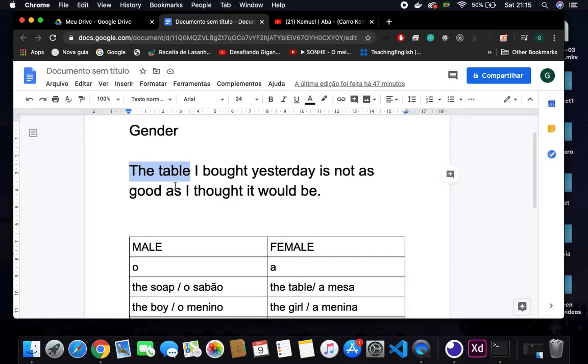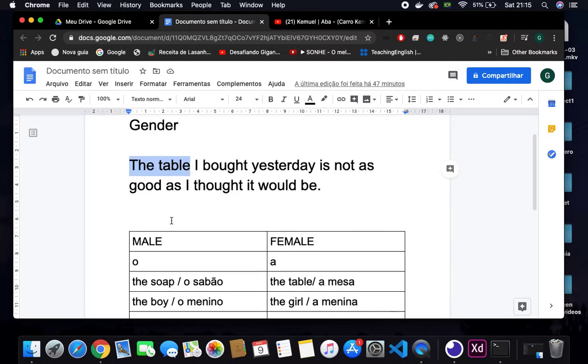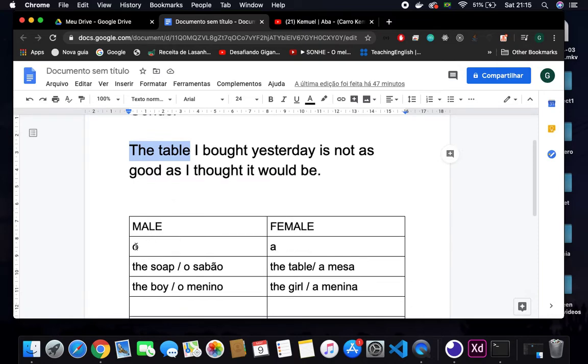But in order for me to translate this, I need first to know if it's male or female because I need the article here. In English you say "the" for whatever, but in Portuguese we need to say "o" for male and "a" for female. Okay, this is in Portuguese.